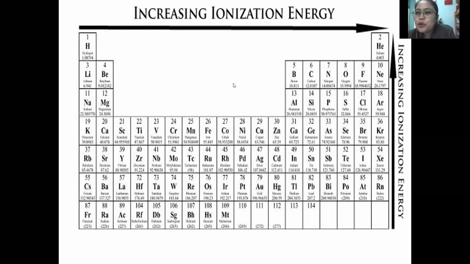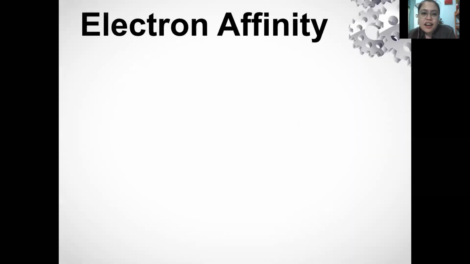So si helium yung may pinaka mataas na energy to remove an electron from a positively charged atom. I-remove niya talaga. Hindi siya nag-a-attract, pero magre-remove siya ng electron. And then the third one, is this the third one?